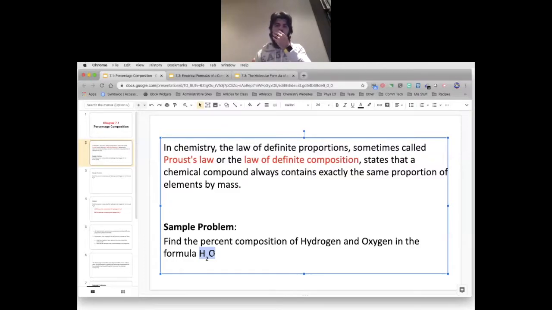So what we are really finding is the percent composition of the atoms in a particular formula, and the percent at which they exist. So take for example this sample problem, H2O.